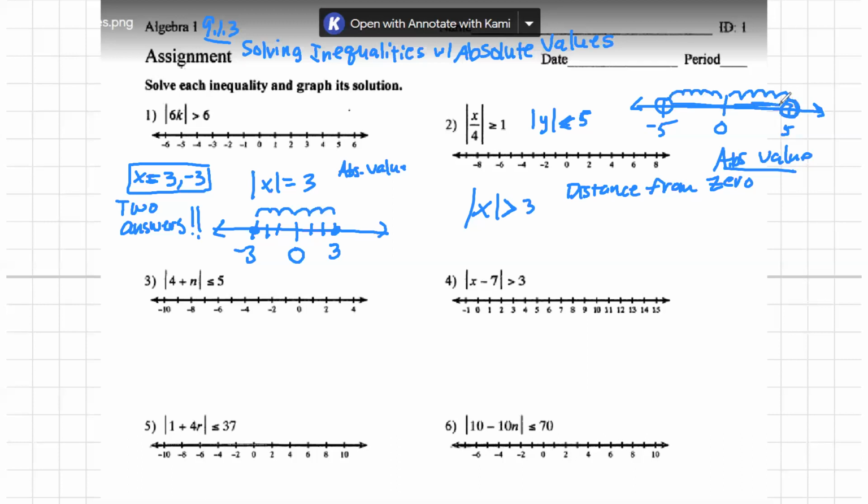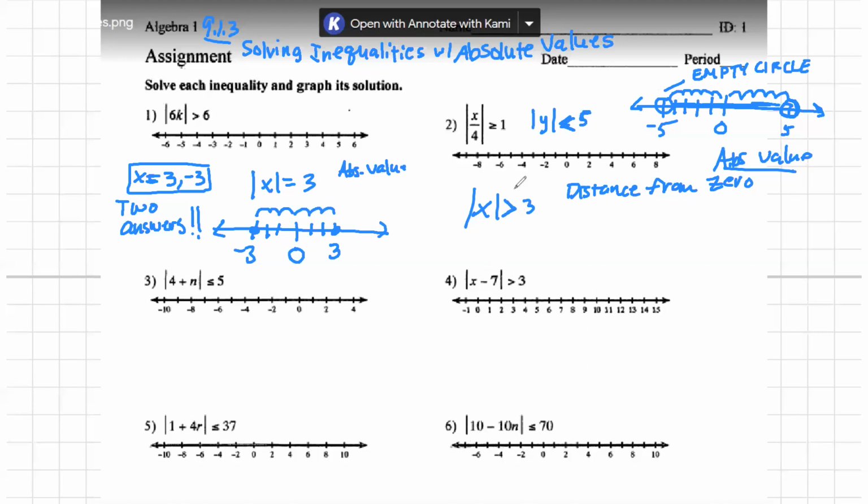Does that make sense? We shade all the numbers in between. So 0 is less than 5 units away from 0, and 1, -2, -3, -4 all have a distance less than 5 units away. Do we include -5 in this answer? No, it's an empty circle because we're not including it, since it's just a less than sign. If it was an equal to underneath there, then I would fill it in. But it's not, so let me undo that.